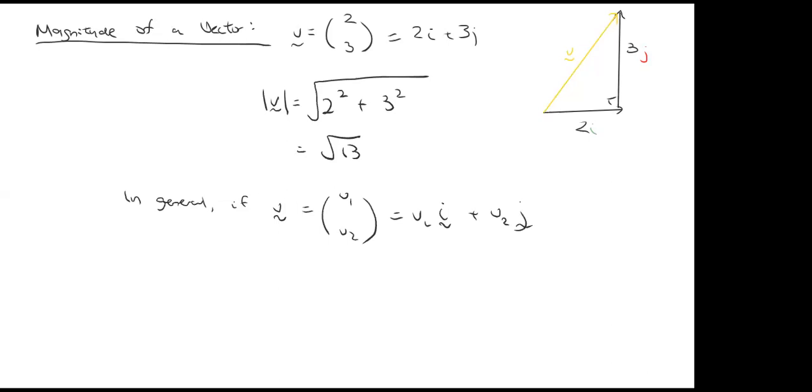Change the 2 and 3 to v1 and v2, but then the magnitude of the vector is literally just Pythagoras graphically, which means it's going to be v1 squared plus v2 squared and then square root.